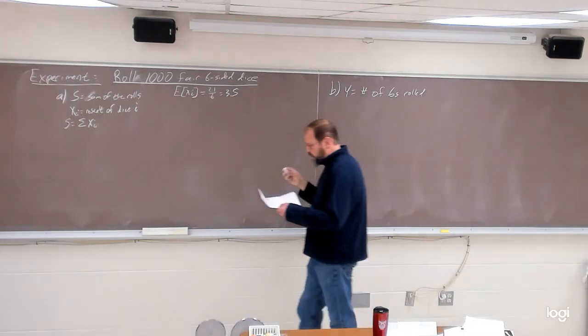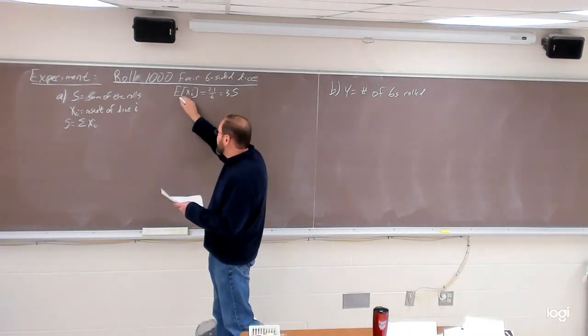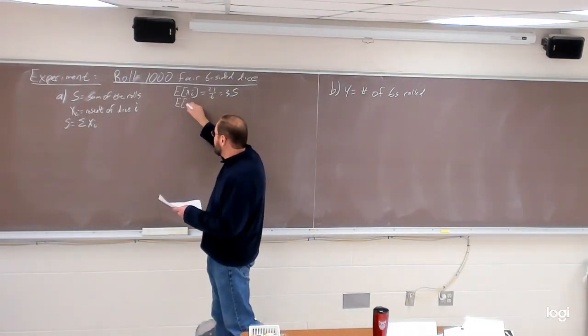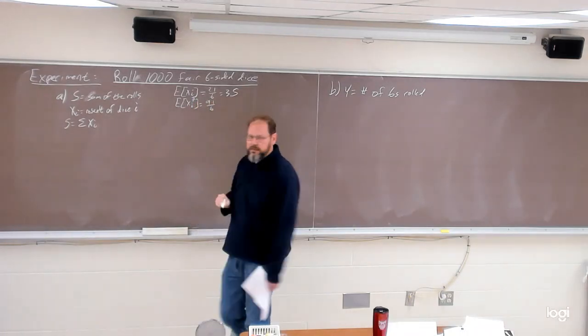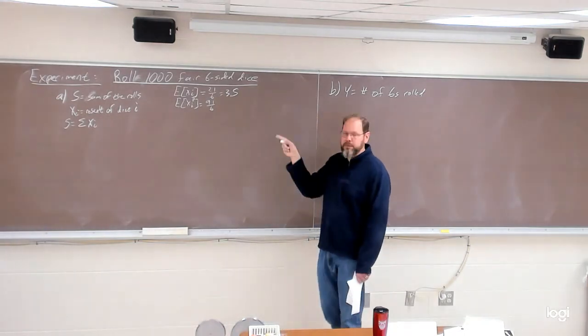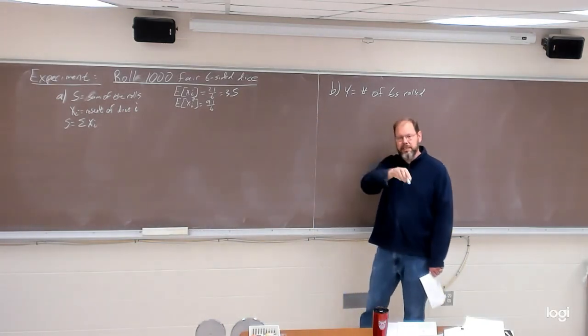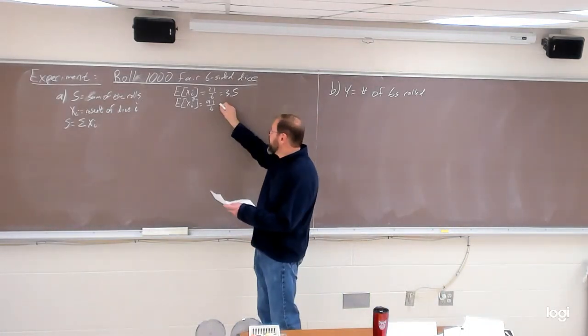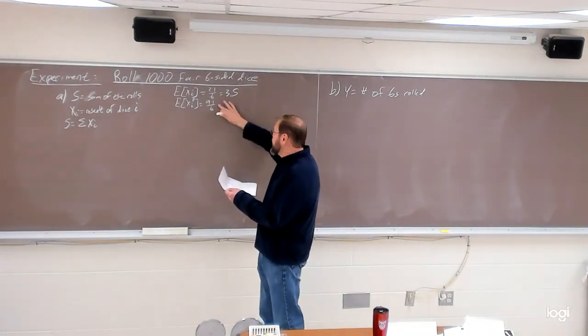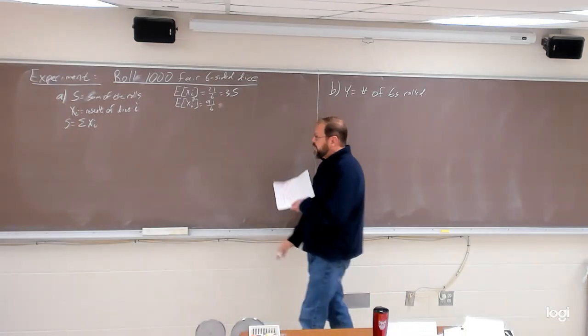And for the variance, the second moment of one of those X_i's will be 91/6. I can come up with a table of 1 squared times 1/6 plus 2 squared times 1/6 plus 3 squared times 1/6, and so on and so forth. So the second moment is 91/6.